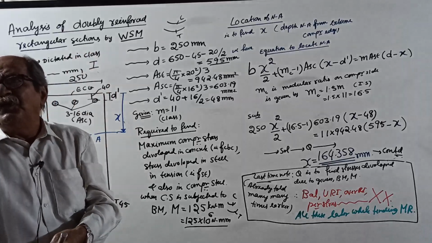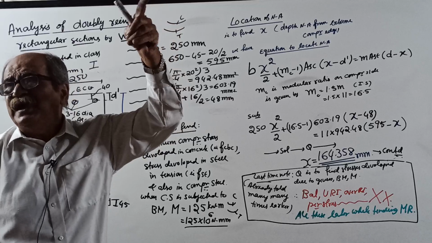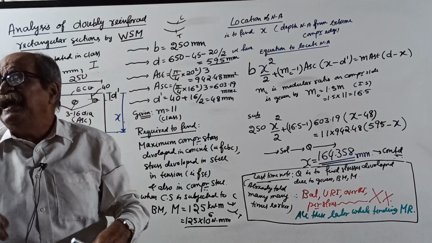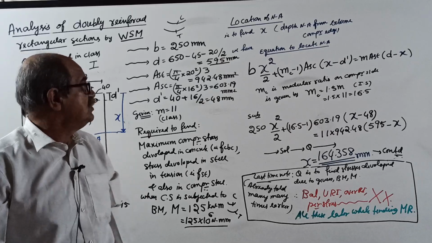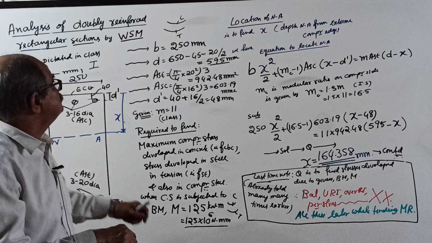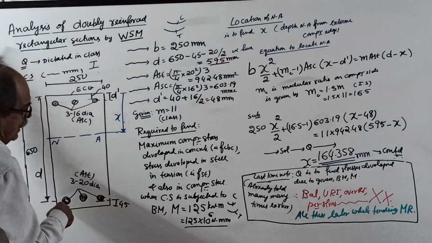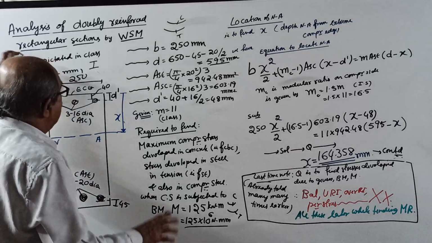Where you put AST, you put ASC. And X and D are measured from the compression edge. The sagging BM is 125 kilonewton meter.